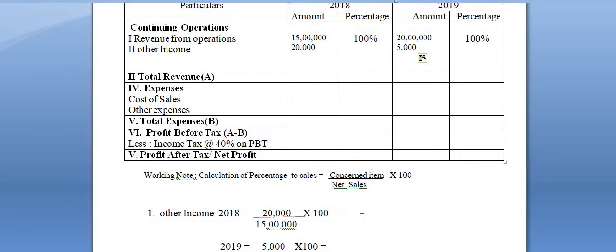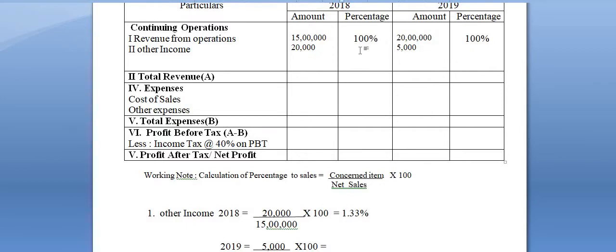So 20,000 divided by 15 lakh into 100 is equal to 1.33 percentage. Understood?